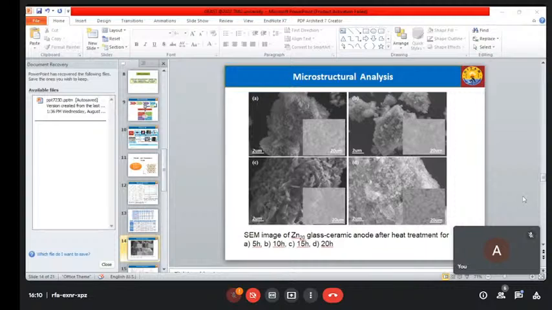Large scale electrochemical stability for sodium vanadate, zinc oxide glass and glass ceramic anode. So I have chosen sodium and vanadium because it has a good glass network. Vanadium can easily form a good amorphous background network, so that is why I have chosen sodium vanadate.